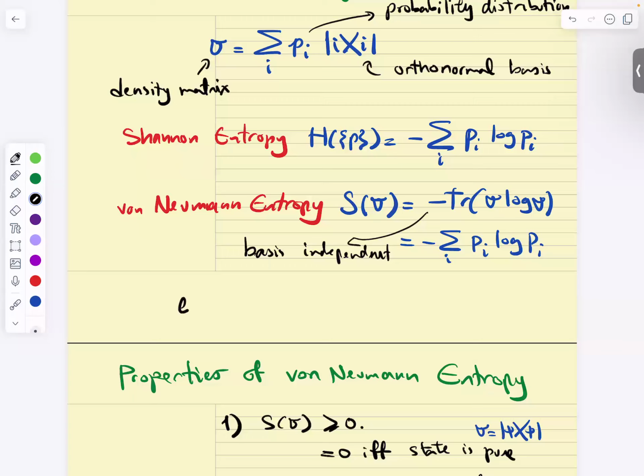Every time you see an expression like this, the first question you should ask is, is log of sigma well defined? What kind of number can I just calculate the log of? Non-negative numbers. If my number is positive, log of it is well defined.